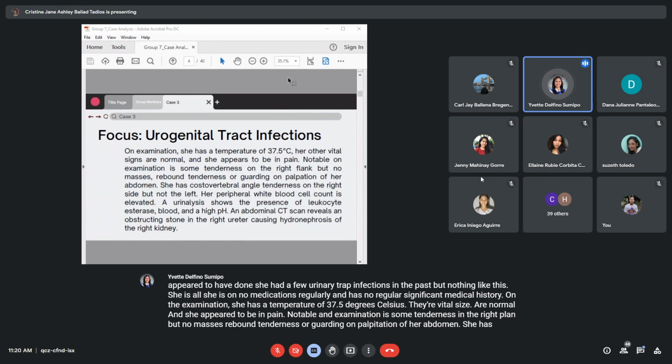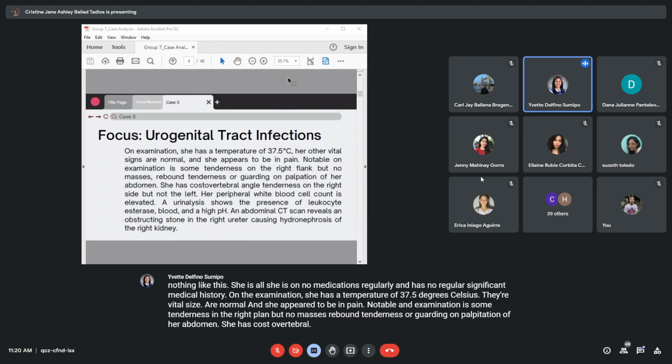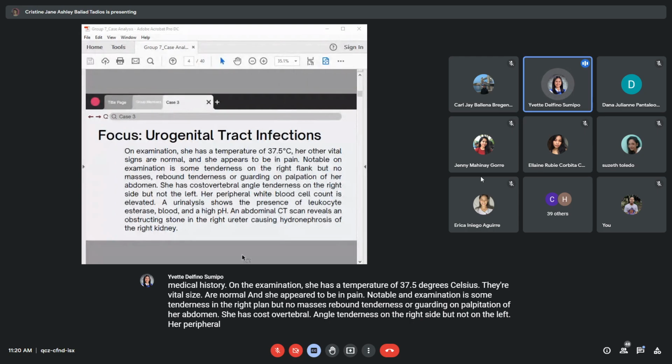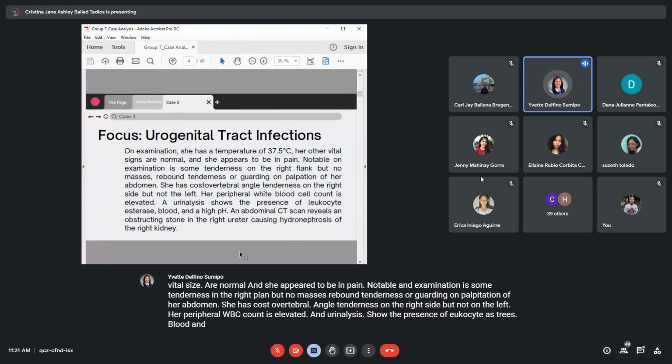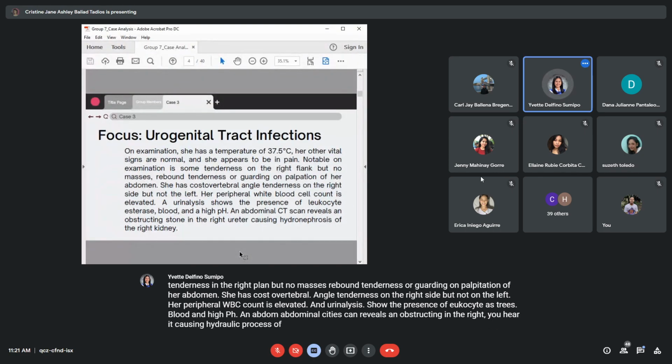She has costovertebral angle tenderness on the right side but not on the left. Her peripheral WBC count is elevated, and urinalysis shows the presence of leukocyte esterase, blood, and high pH. An abdominal CT scan reveals an obstructing stone in the right ureter causing hydronephrosis of the right kidney.